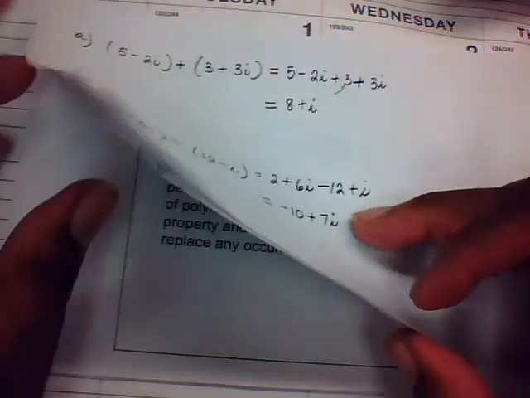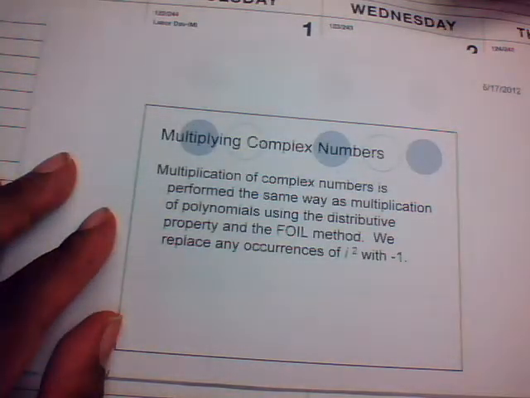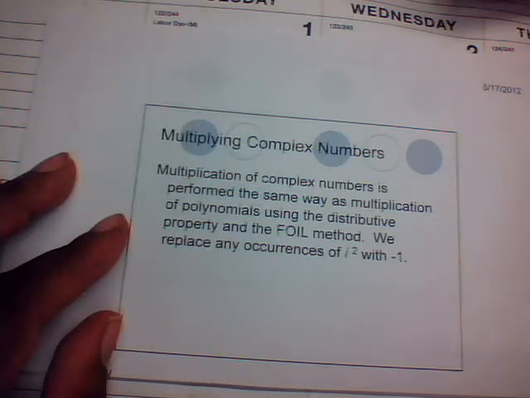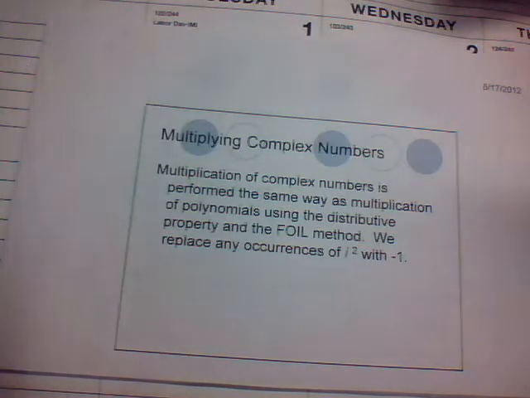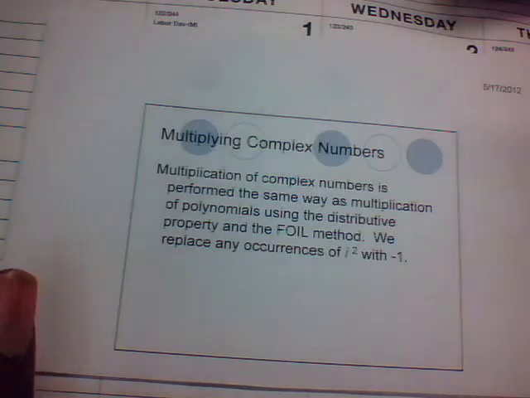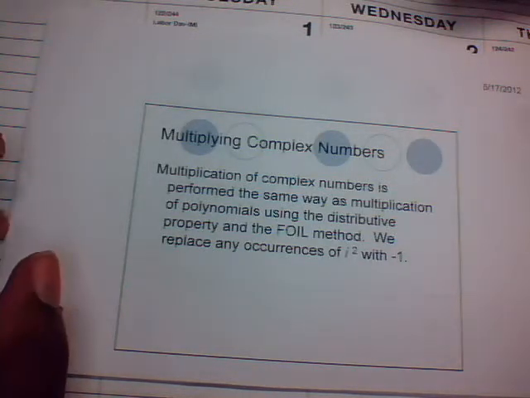All right, next we'll look at how to multiply complex numbers. When you multiply complex numbers, that's performed the same way as multiplying polynomials, using the distributive property and the FOIL method.